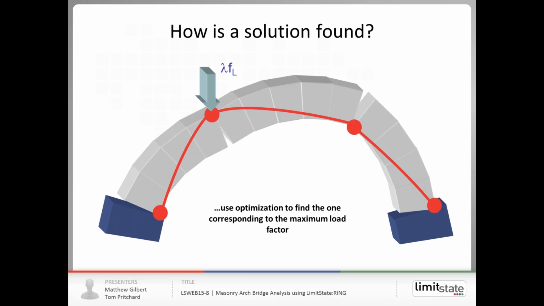We're maximizing the load factor, or adequacy factor as we call it in the software, finding the maximum adequacy factor subject to equilibrium constraints. And that also corresponds to the minimum upper bound load factor. So therefore we have the exact solution according to plastic analysis for the given discretization of blocks.